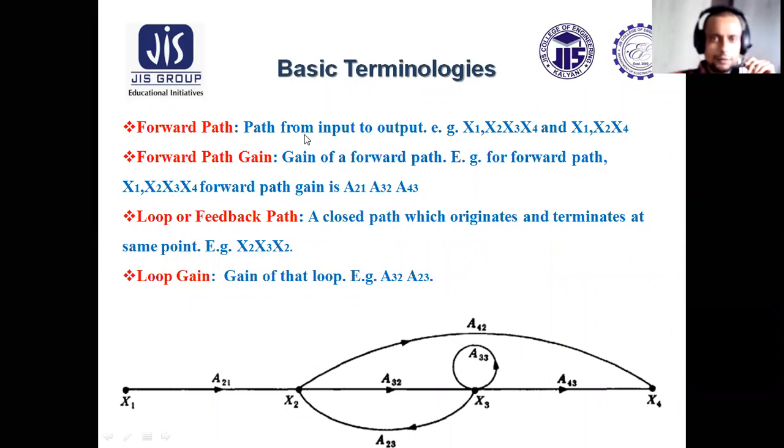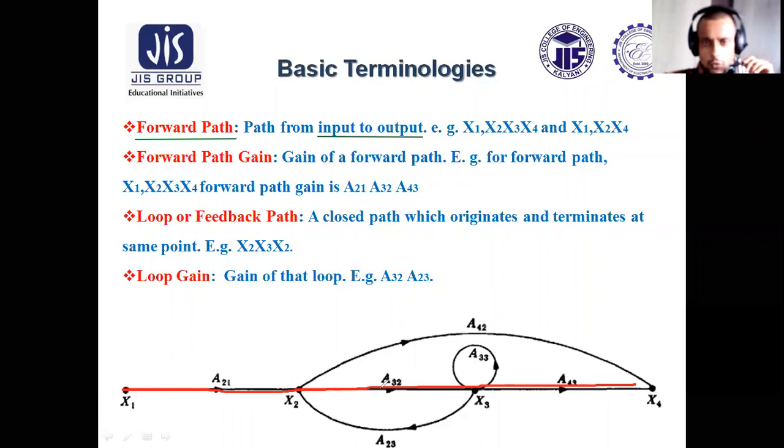These are few other terminologies associated with SFG. What is forward path? Path from input to output. See, this is one path marked by this red line, which is a path from input node to output node.